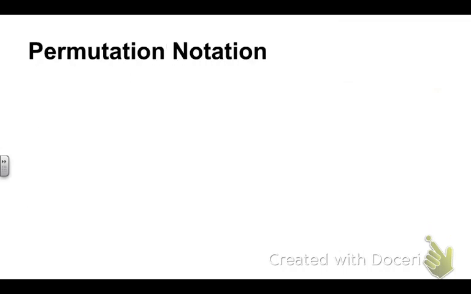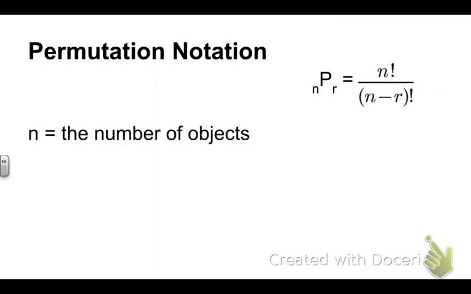Now, permutation notation is that lovely formula. All right, n factorial divided by n minus r factorial. What that means, n is the number of objects. Okay, so go back to the class officer example that I gave just 2 slides ago. There were 5 people running for class office.